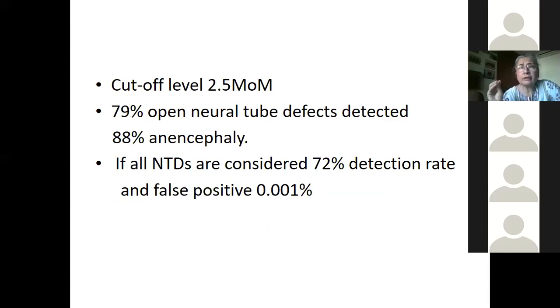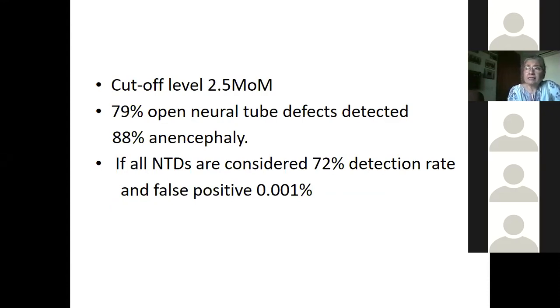The majority of the neural tube defects can be detected by doing an alpha fetoprotein in the maternal blood. It's a highly sensitive test, and the false positive rates are very, very low.